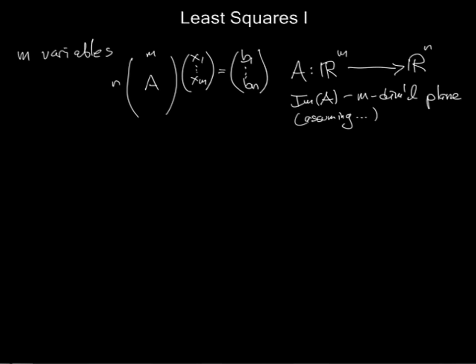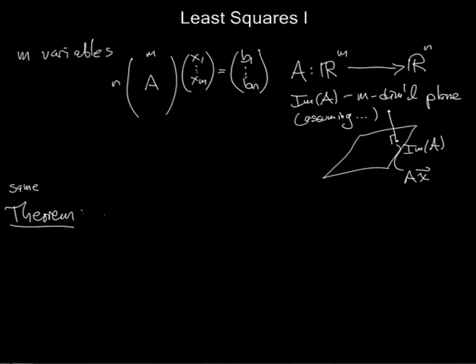If it's smaller, that's the degenerate case. But the interesting case is when it's an m-dimensional plane. And the picture is just the same because I can't draw any higher dimensional pictures, but it's basically the same idea. You're projecting now from Rn onto an m-dimensional subspace. And the theorem is exactly the same.